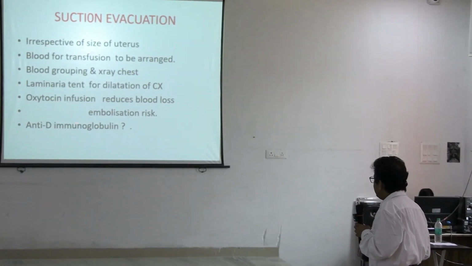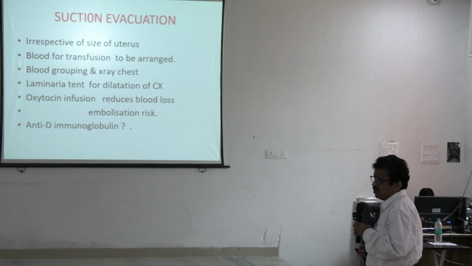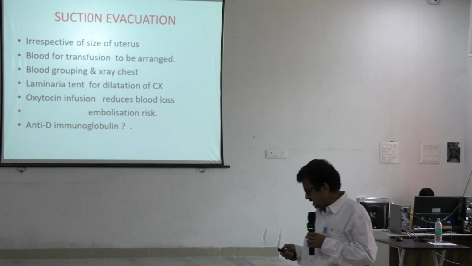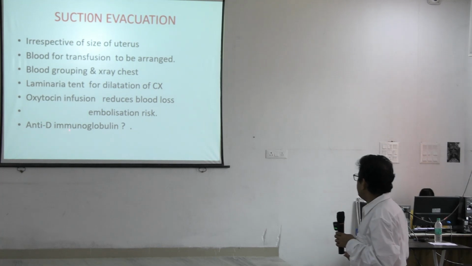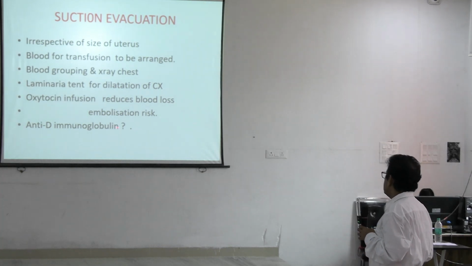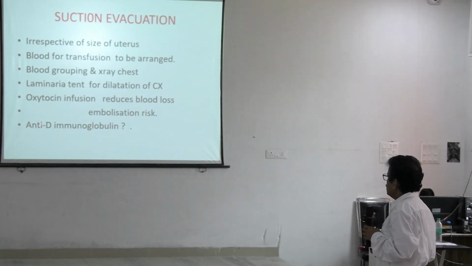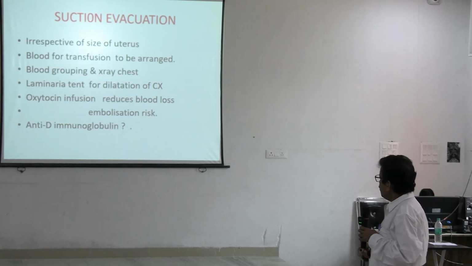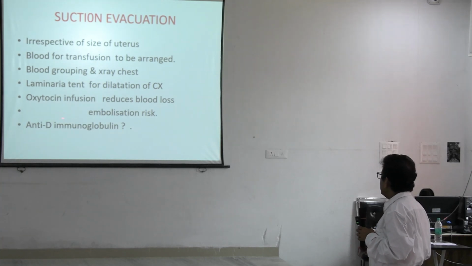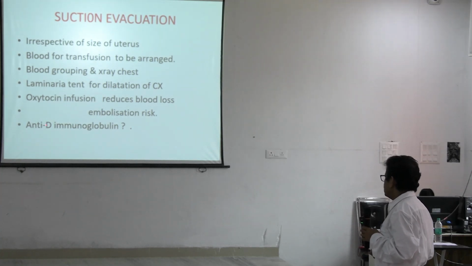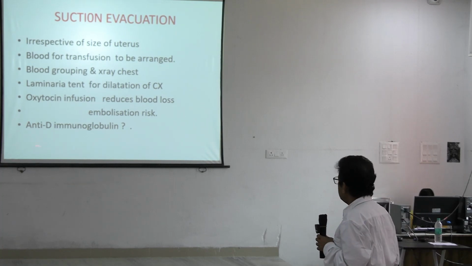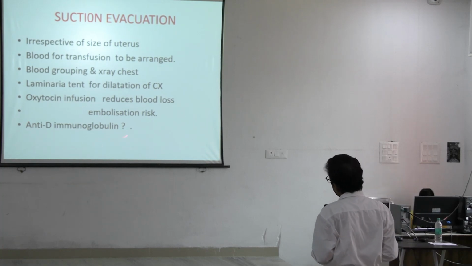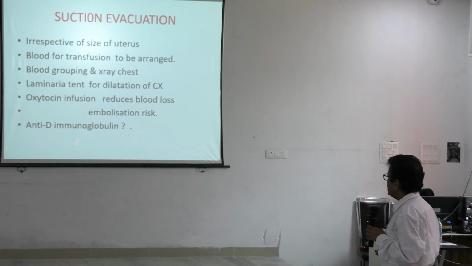So what about anti-D immunoglobulin? If the mother is Rh negative, whether to give anti-D immunoglobulin or not, definitely we have to give it. Though a complete mole has no vessels, so no blood, in that case you could avoid it, but it is not possible to know whether you are dealing with a complete mole or a partial mole.